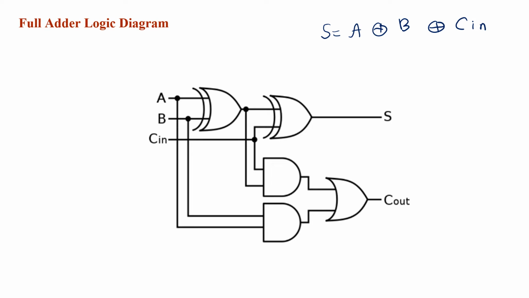The second signal is Cout, and we can write Cout as Cin ANDed with A XOR B, ORed with A and B. So now we have 2 expressions, and we know that we need 3 inputs, A, B, Cin, and 2 outputs, S and carry out.